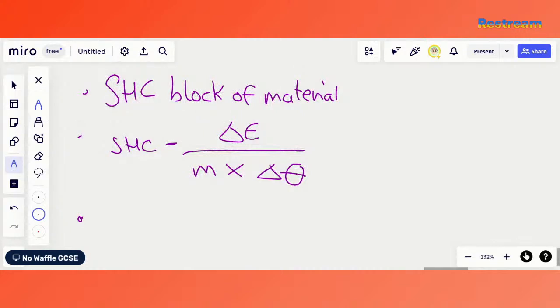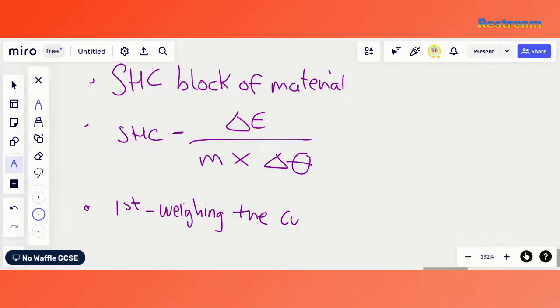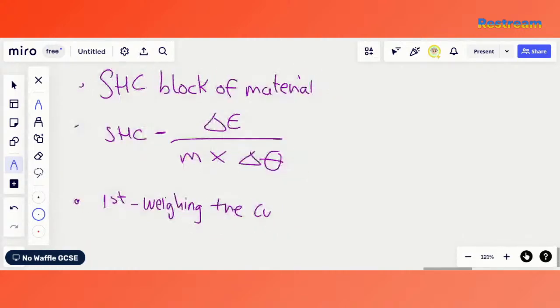Now, firstly, we can easily find the mass by weighing the material. Let's say we're finding copper. So weigh the mass of copper. And then for this required practical, you're going to be given a specific block of copper in which there are 2 holes.